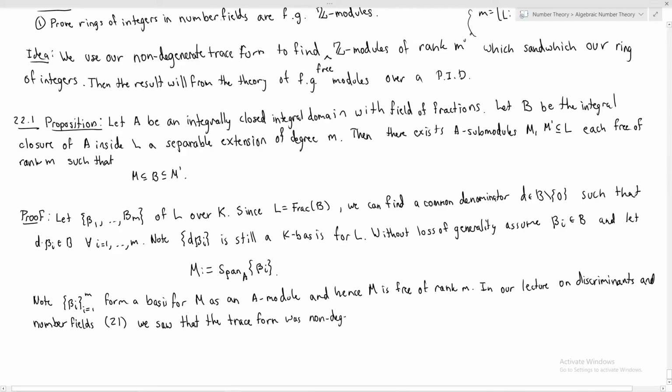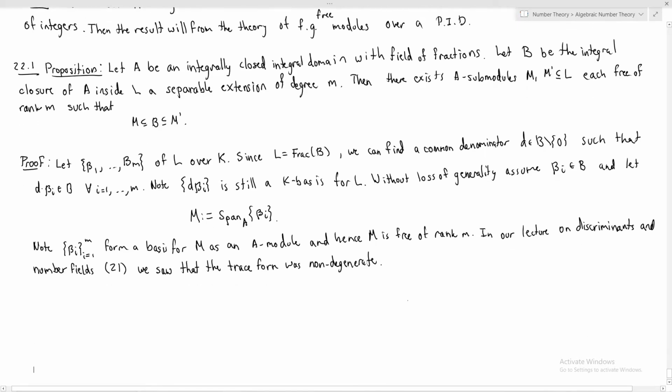Remember, this amounted to using some Galois theory to reformulate the formula of the discriminant, using our formula for the trace that involved Galois conjugates. Then we use this to rewrite our discriminant formula, and then we use linear independence of characters to say that the discriminant of the trace form was non-zero in the case that L is a finite separable extension of K.